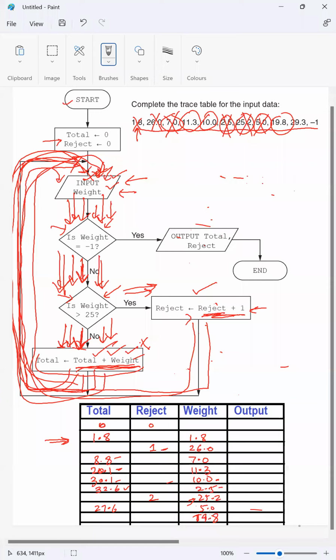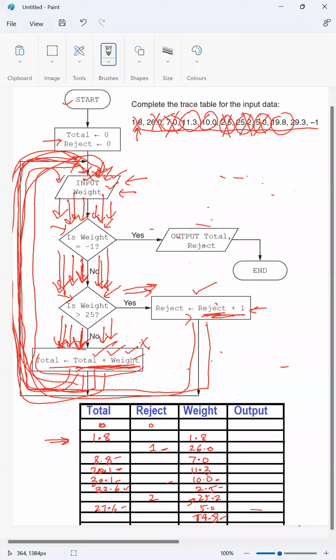Okay, now once this value has been input, what is the next thing? We check is weight equals to -1? The answer obviously is no. Is weight greater than 25? The answer is no. We're going to update the total. Total equals total plus weight. This is the most recent value of weight, and the most recent value of total, 27.6 plus 19.8.